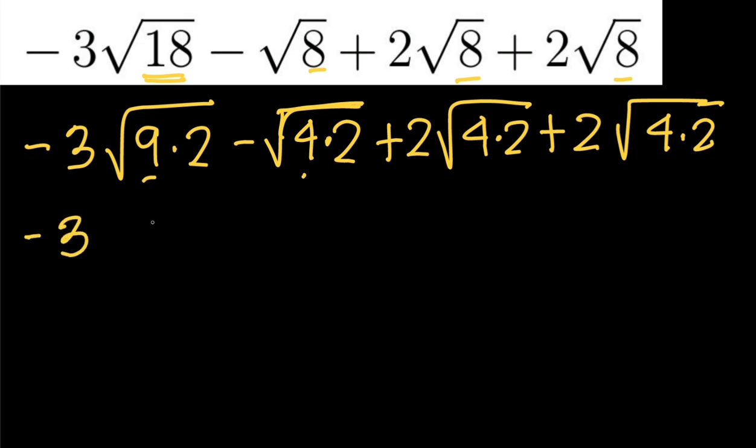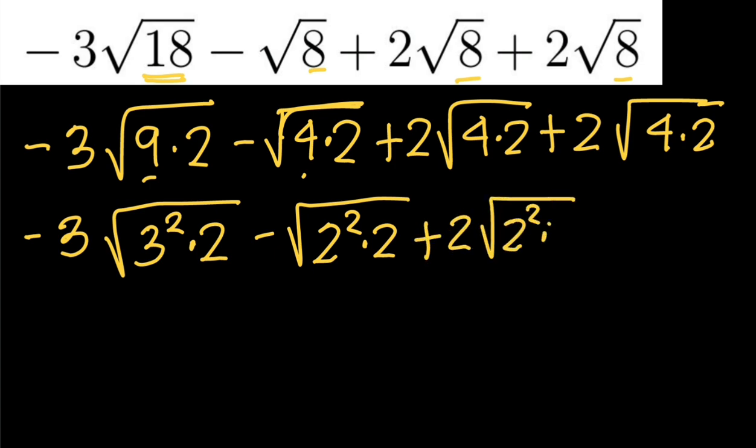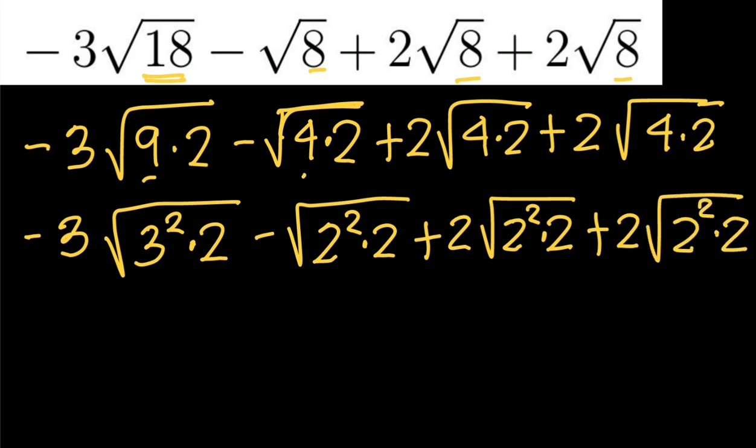So we can write this as negative 3 square root of 3 squared times 2 minus square root of 2 squared times 2 plus 2 square root of 2 squared times 2 plus 2 square root of 2 squared times 2. And now we can get the square root of each of the radicals.